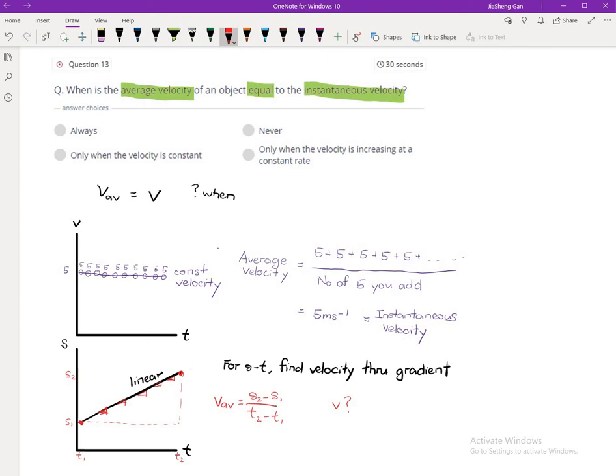Okay, so if the ST graph is a linear line, the small triangle should have the same gradient as the big triangle.